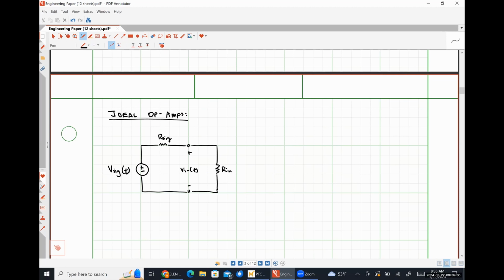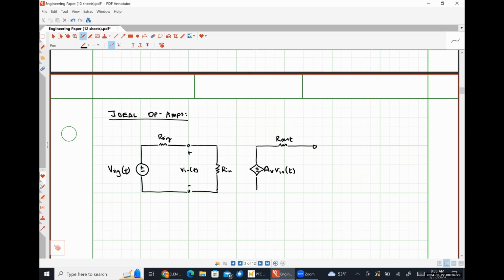So here we have our input resistance. Over here we have a voltage source with our gain times our input signal. Here's our out.